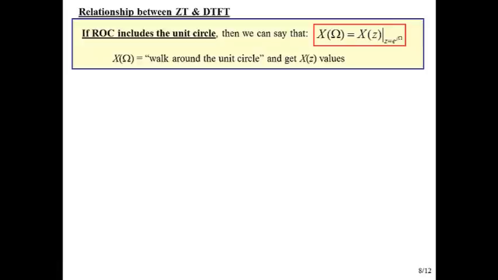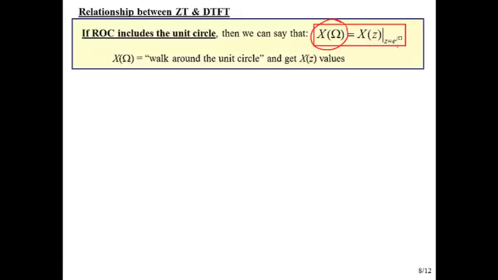So now the only real thing we're going to fuss about with the region of convergence is this thing when we're going to be able to say the Z transform includes the DTFT as a special result. So if the region of convergence includes the unit circle, then we're able to say, you tell me what the Z transform is, and I'm just going to look at it on the unit circle, and that will somehow give me the DTFT.